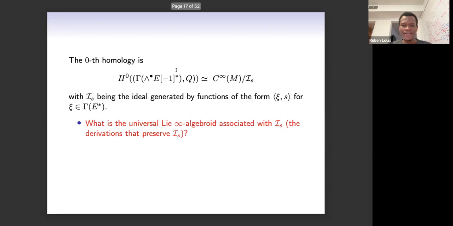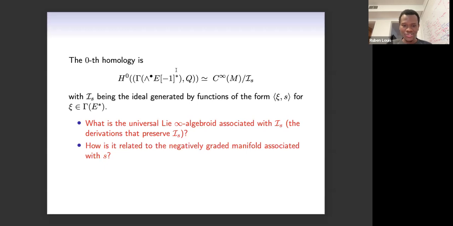But again, we can ask the following question. What is the universal differential algebra associated with this I_S? Or in the sense that you take the Lie algebra of vector fields, of derivations, that preserve I_S. And also how is this universal Lie algebra related to this negatively graded manifold that we associate with S?